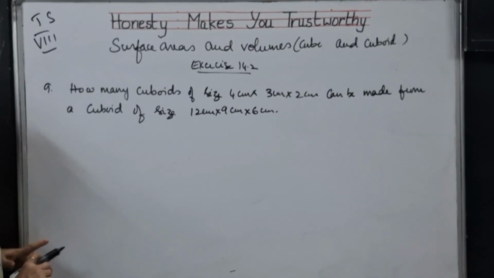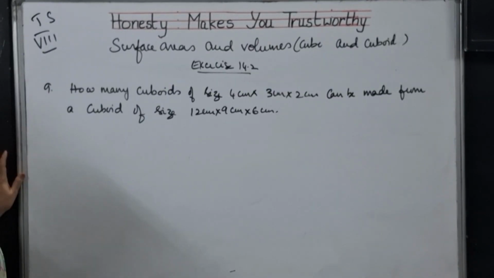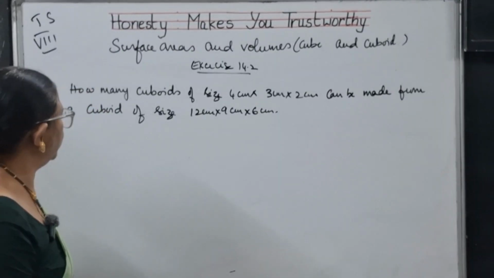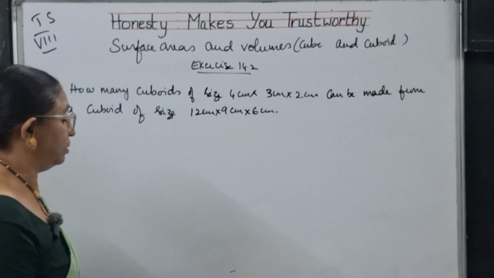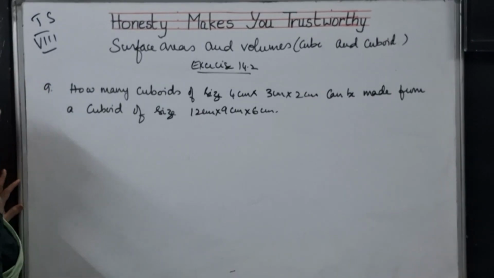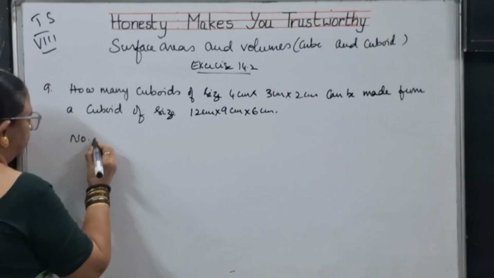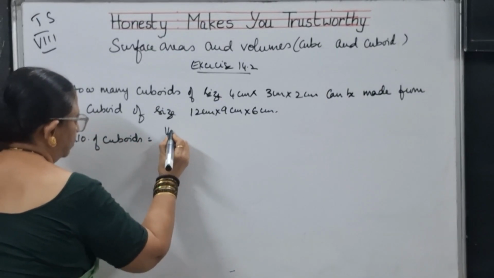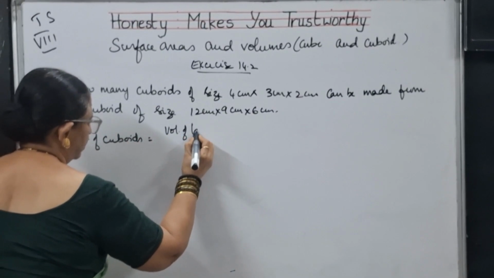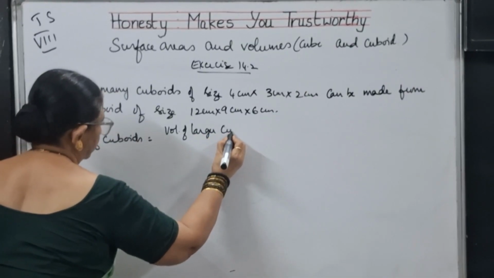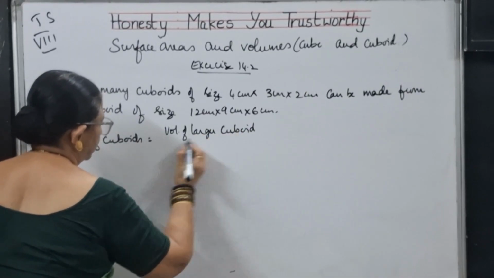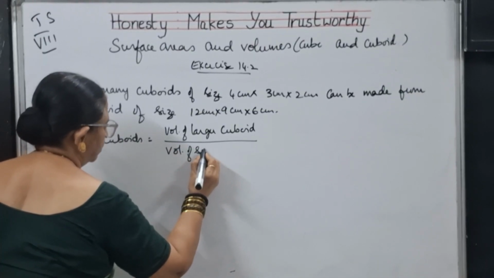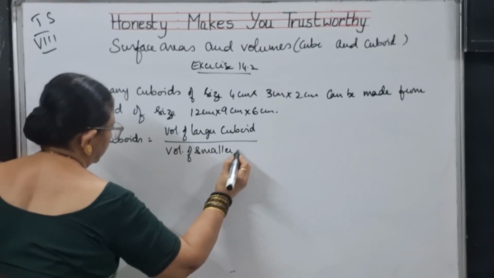Now the next question. How many cuboids of size 4 centimeters into 3 centimeters into 2 centimeters can be made from a cuboid of size 12 centimeters into 9 centimeters into 6 centimeters? So the number of cuboids will be equal to the volume of the larger cuboid divided by the volume of the smaller cuboid.